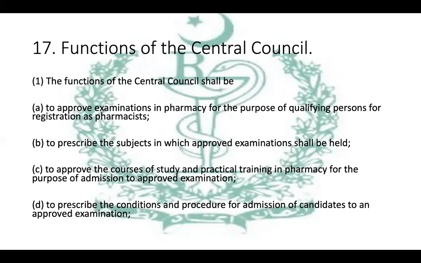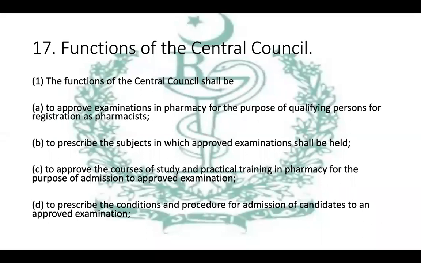Now Section 17(b) says: to prescribe the subjects in which approved examinations shall be held. First the examination, second the subjects in which the approved examination shall be held. So whatever you are learning, for example forensic pharmacy, is also approved by the Pharmacy Council. It is not added by the university; it is added by the Pharmacy Council of Pakistan.